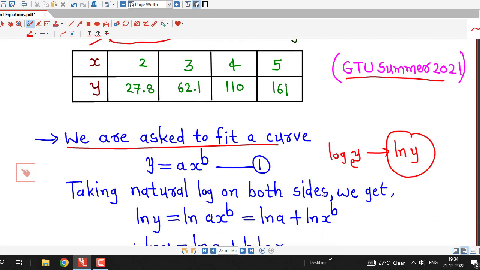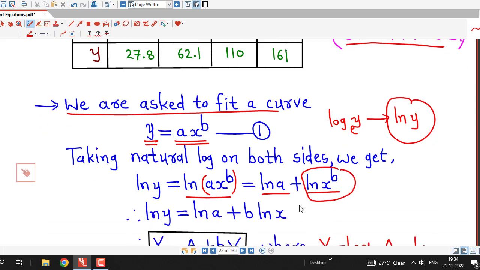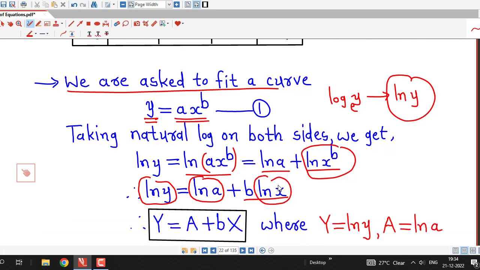Taking natural log on both sides, we have ln y equal to ln of a times x raised to b, and using the property of logarithm, this I can rewrite as ln a plus ln x raised to b. This again I can rewrite as b into ln x, and now I consider ln y equal to capital Y, ln a equal to capital A, and ln x equal to capital X.